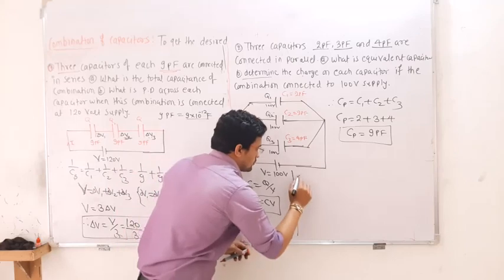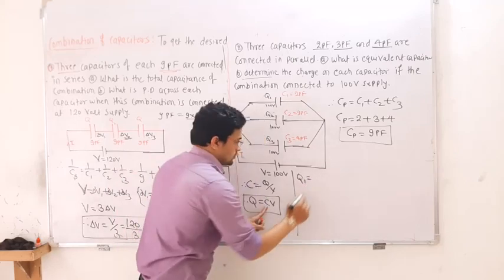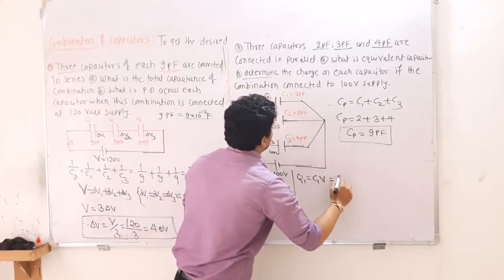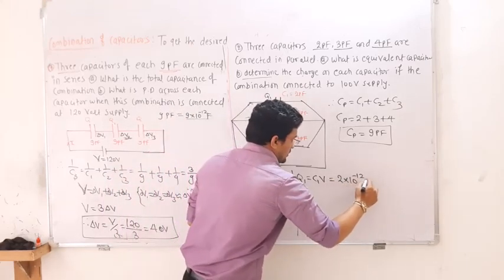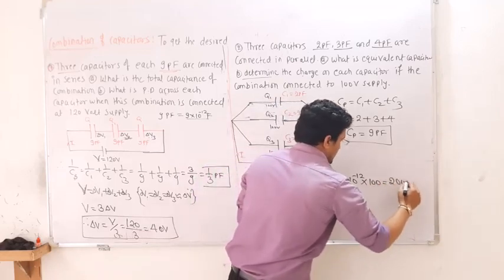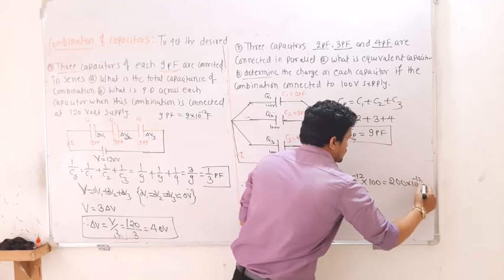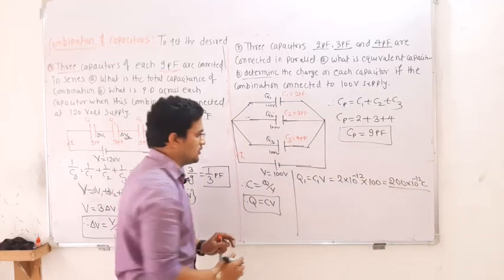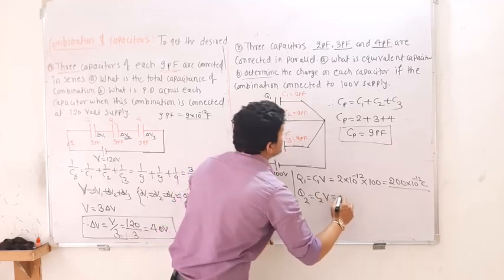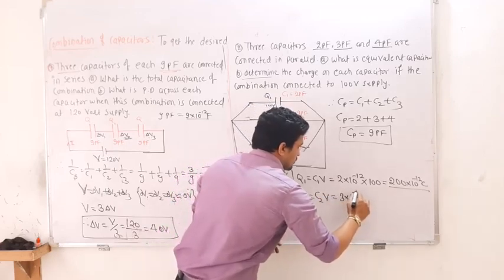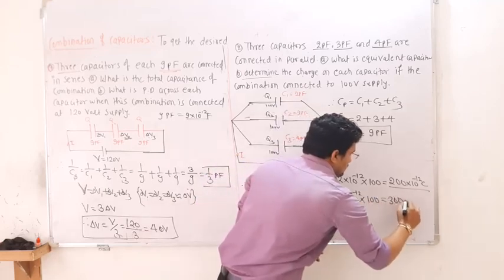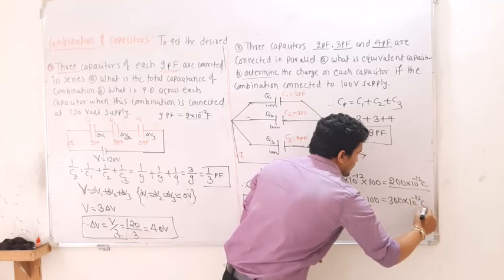Therefore Q1 is equal to C1 into V. C1 is 2 into 10 to the power of minus 12 into 100, so it becomes 200 into 10 to the power of minus 12 coulomb. Same for Q2, which is C2 into V. C2 is 3 picofarad, so 3 into 10 to the power of minus 12 into 100 gives 300 into 10 to the power of minus 12 coulomb.